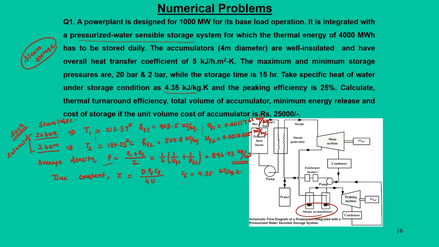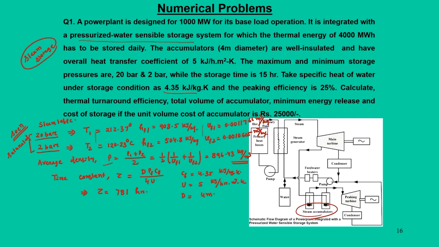Overall heat transfer coefficient U is 5 kilojoule per hour meter square Kelvin. Diameter is given as 4 meter. So, time constant turns out to be 781 hour.